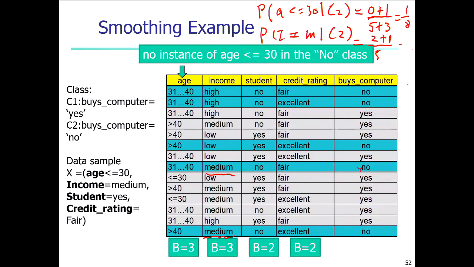Note that even for those values that are not 0, we still do the add-one smoothing. And the number of distinct values of income is also 3, so we add 3 here.